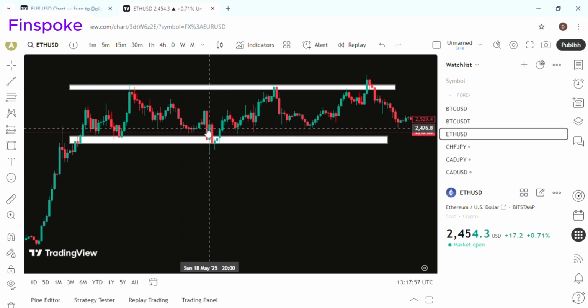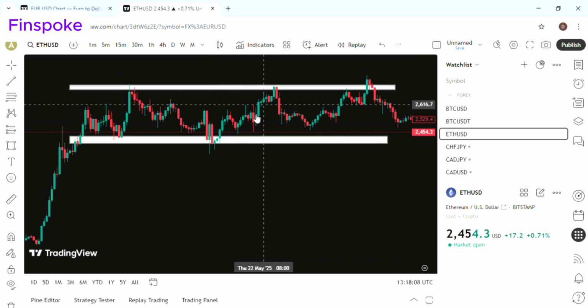So if you want to trade this, you spot the opportunity at the support level, you wait for the price to come down again before you can place a buy opportunity.